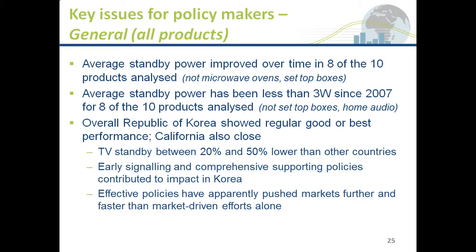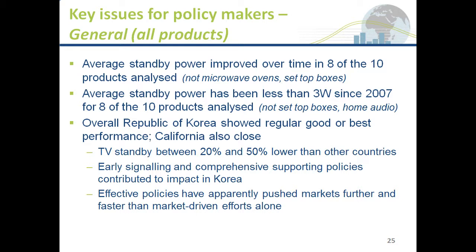And in many of the graphs that we've looked at, the Republic of Korea has shown consistently good or best performance amongst the countries looked at, with California also averaging similar levels for many of those product groups in more recent years.